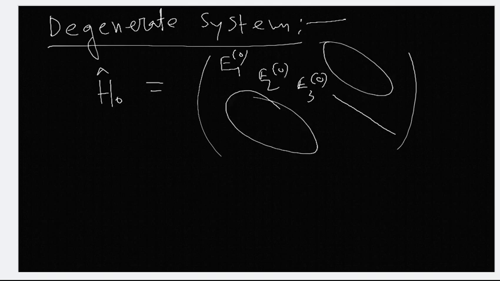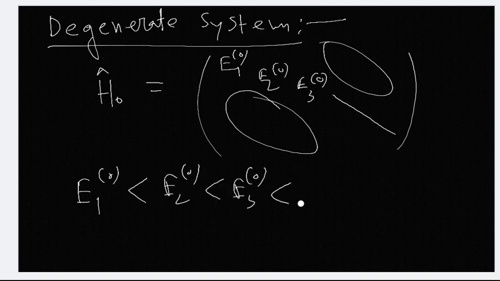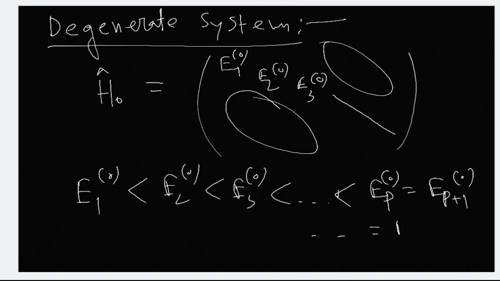And as this is a degenerate system, you can write E1 naught less than E2 naught less than E3 naught less than, suppose, EP naught, then equal to EP plus 1 naught, and it will go to equal to EP plus N naught, and then less than that. That means some of the states have the same energy eigenvalue, and those are the degenerate ones.